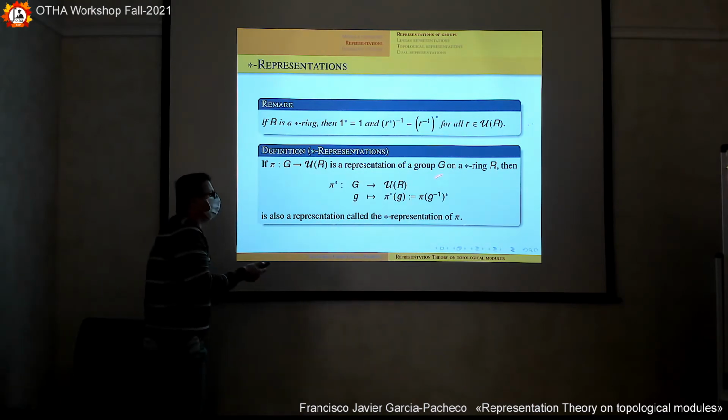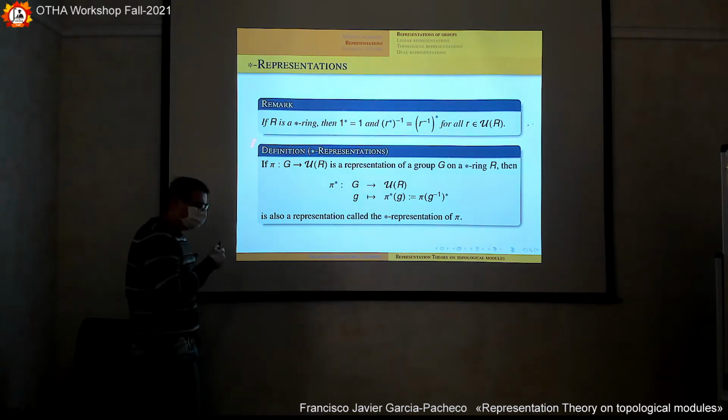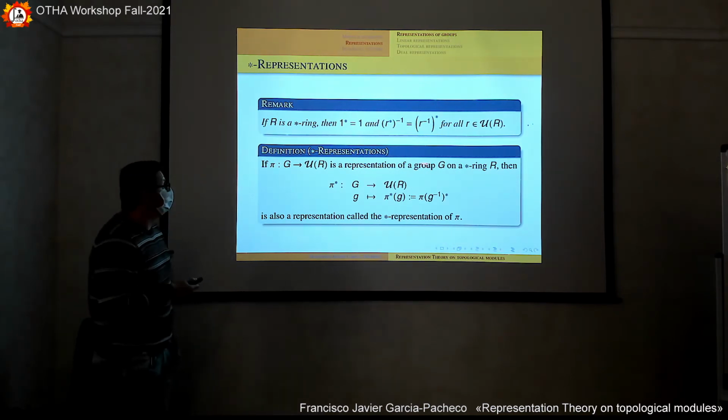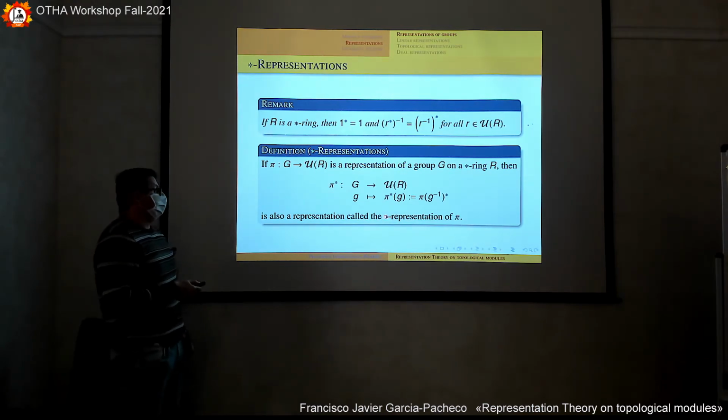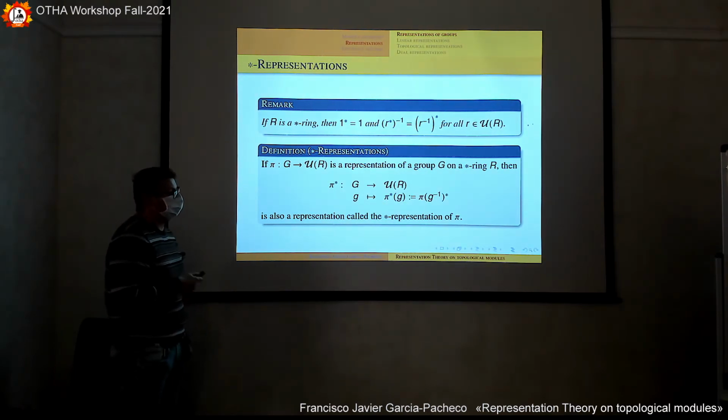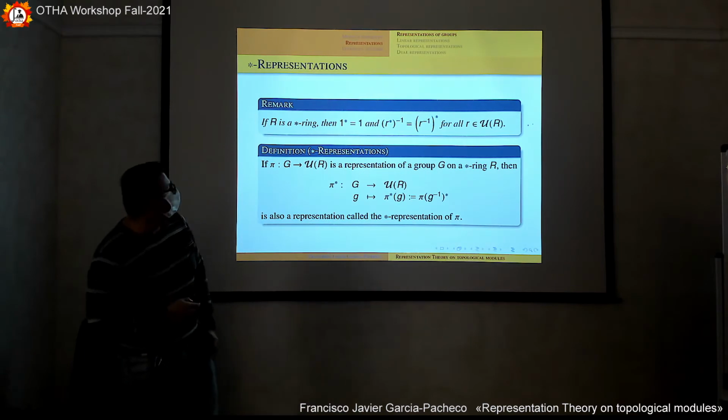You start off with a representation pi of a group on a star ring, and then pi star is the star representation of pi, which is defined this way: the star element of pi of the inverse of g.